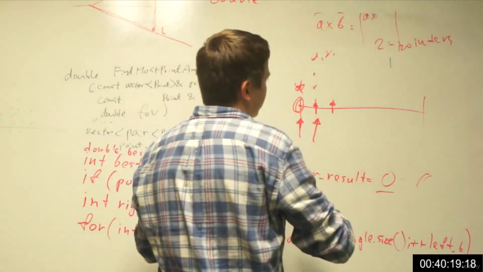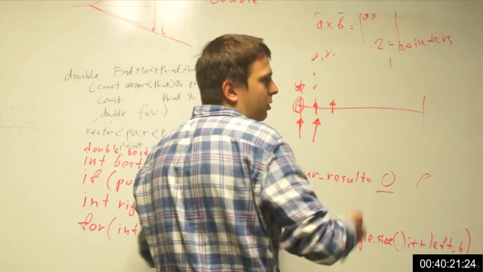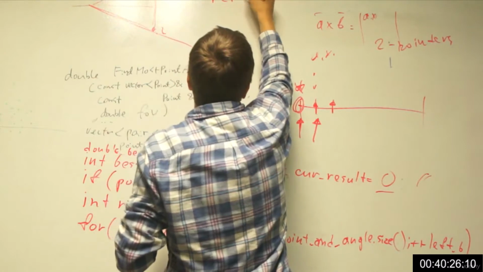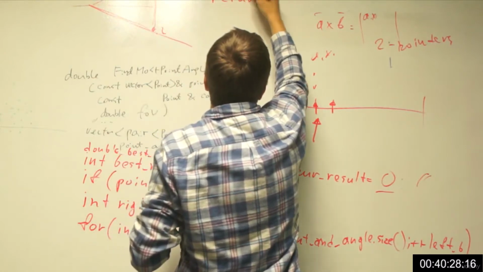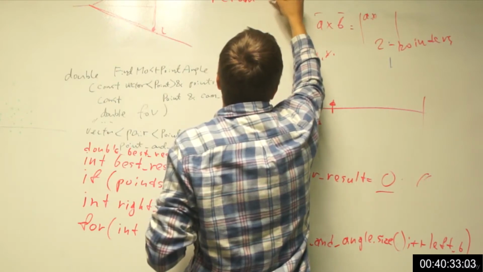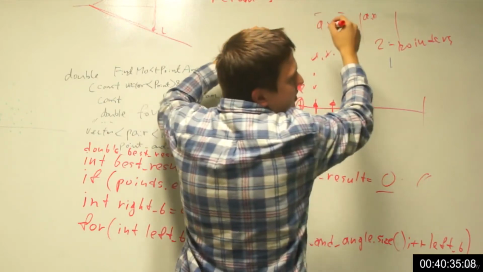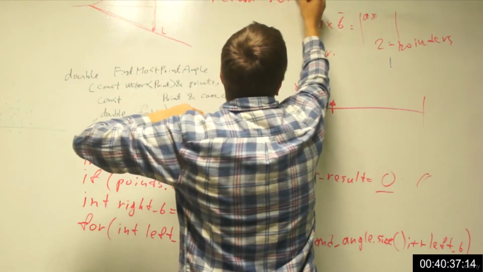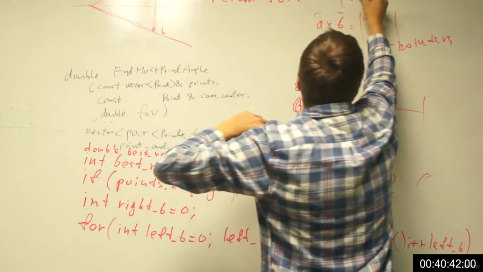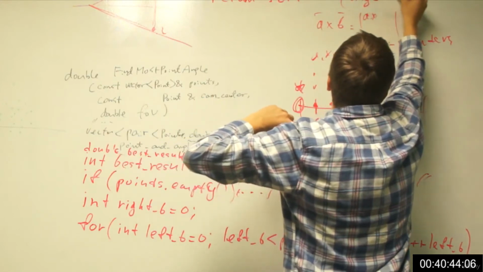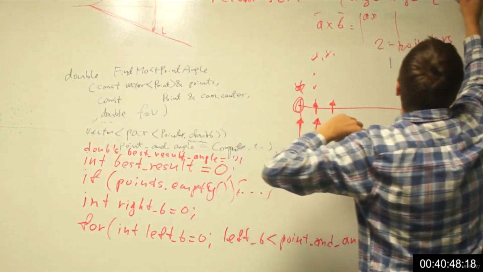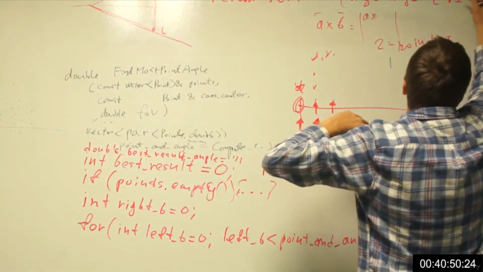We have also several options. We can use, for example, the fmod function, and in this case we can return only one line: return fmod of angle 2 minus angle 1 plus 2 times pi, modulo 2 pi.